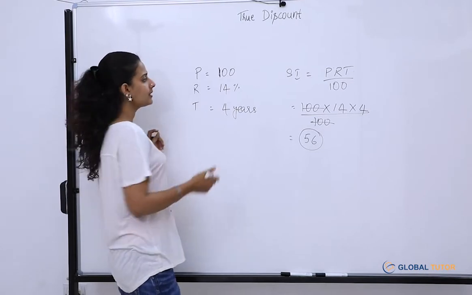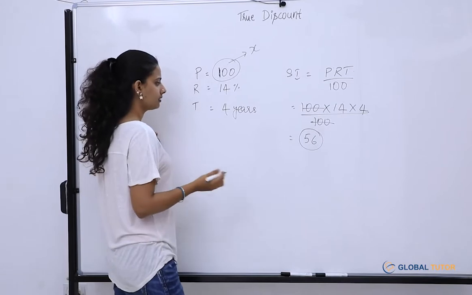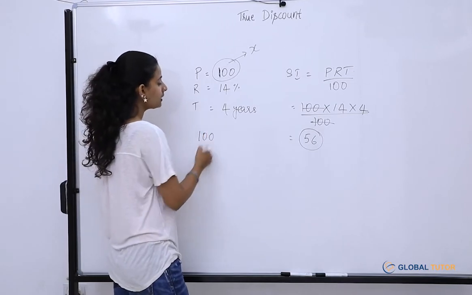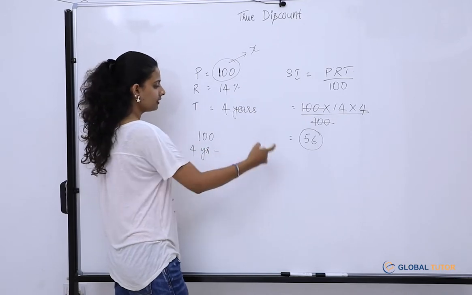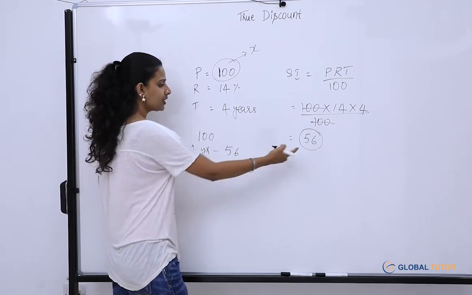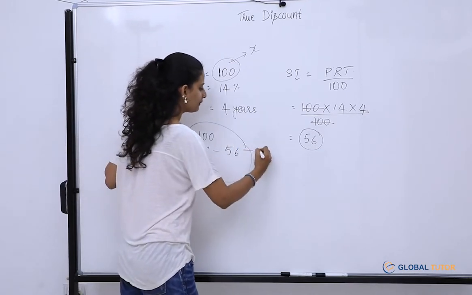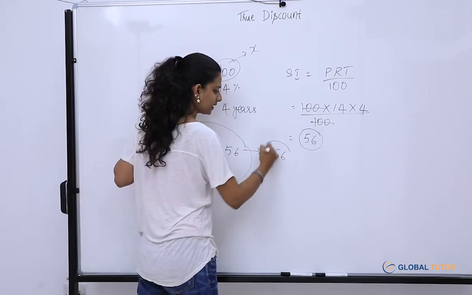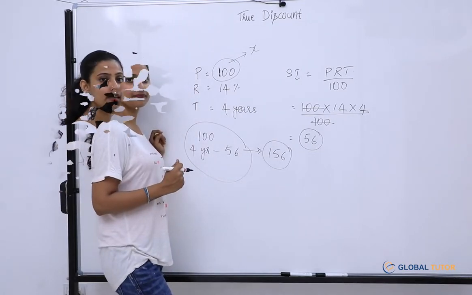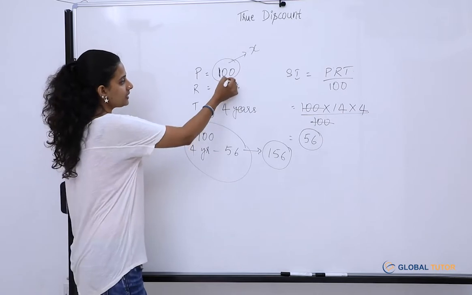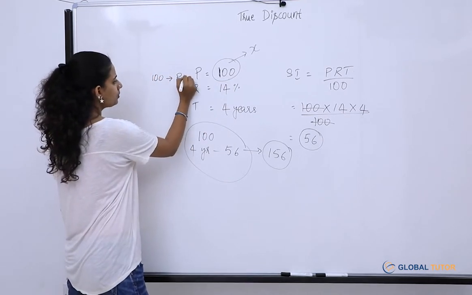At present, he is supposed to pay an amount X which is 100, right? But then if he is paying it 4 years later, he is supposed to pay an additional interest of 56 rupees. So it is 156 rupees in total that he has to pay at the end of 4 years. In this case, the principal amount 100 is called the present worth.